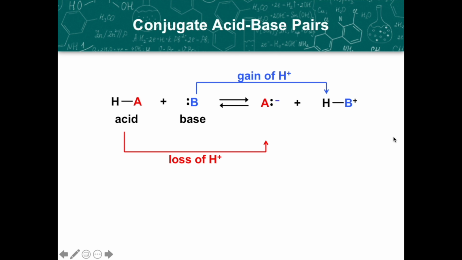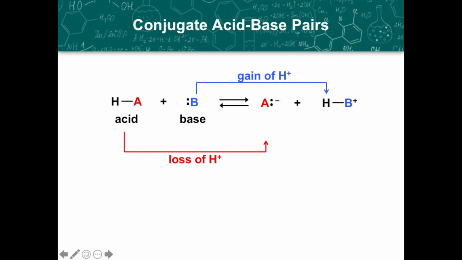So the electron pair of the base B forms a new bond to the proton of the acid, forming HB. The acid HA loses a proton, leaving the electron pair in the H-A bond on A, forming the A- ion.